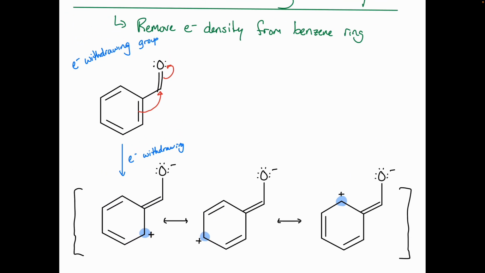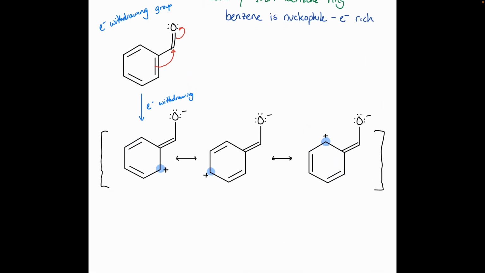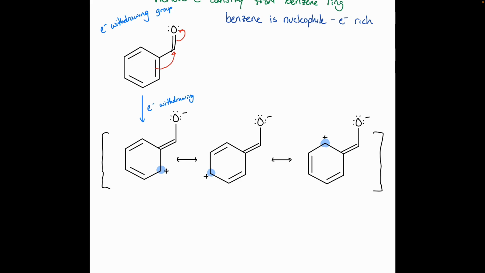All right, and we want to remind ourselves that in these reactions, benzene is that nucleophile, the electron-rich species. If I have an electron withdrawing group on that ring, something that's pulling electron density away, is benzene going to be a better nucleophile or a worse nucleophile? It's going to be worse. It's got less electron density in that ring. All right?